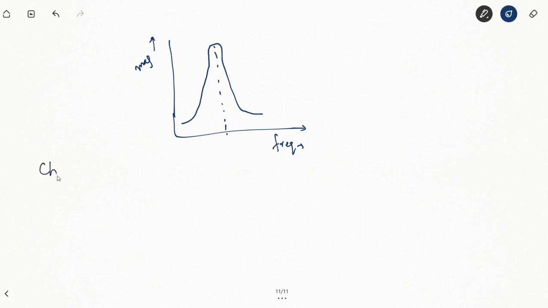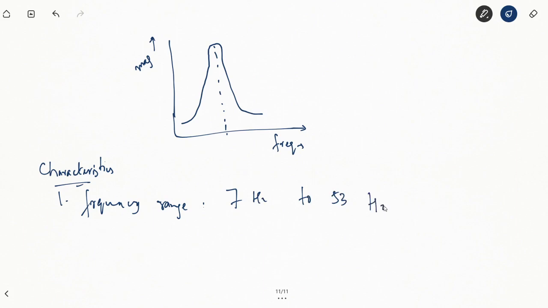Noting the other characteristics of this device, we have the frequency range. Typically this device measures any frequency between 7 Hz to 53 Hz.